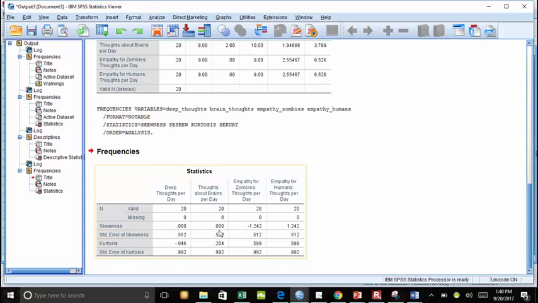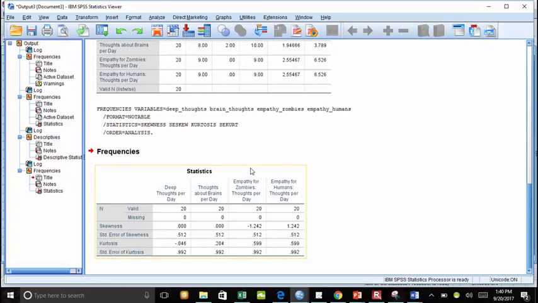If your skewness is a positive number like it is here, empathy for humans in terms of thoughts per day, this means we've got a positively skewed distribution, that most of our values are low, and a few outliers on the very positive or high side, causing this to be a positively skewed distribution.